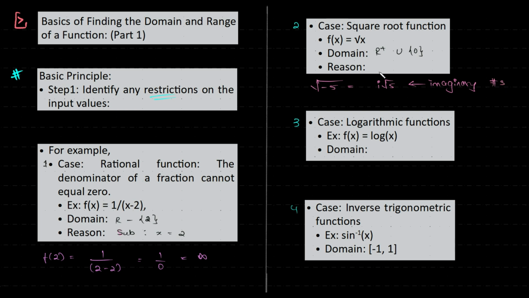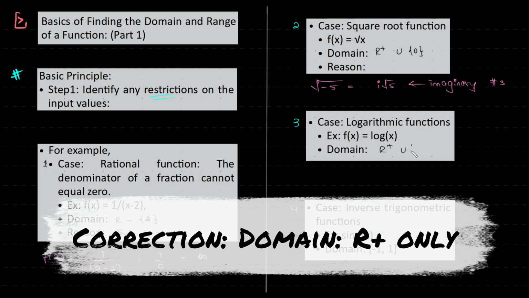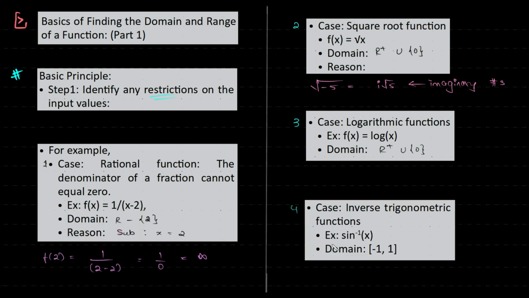So square root cannot have an input of a negative number, is the funda. Next one is the logarithm function. Here too it is the same thing. Here too we are looking at real numbers excluding 0. And next up we have the inverse trigonometric function wherein the domain is minus 1 to 1.